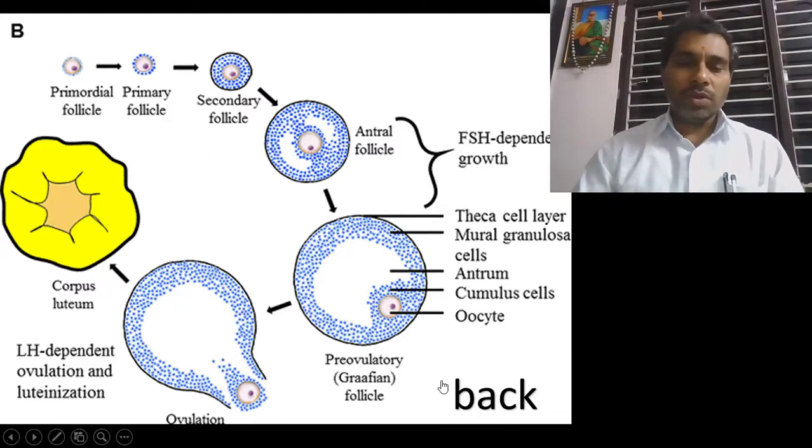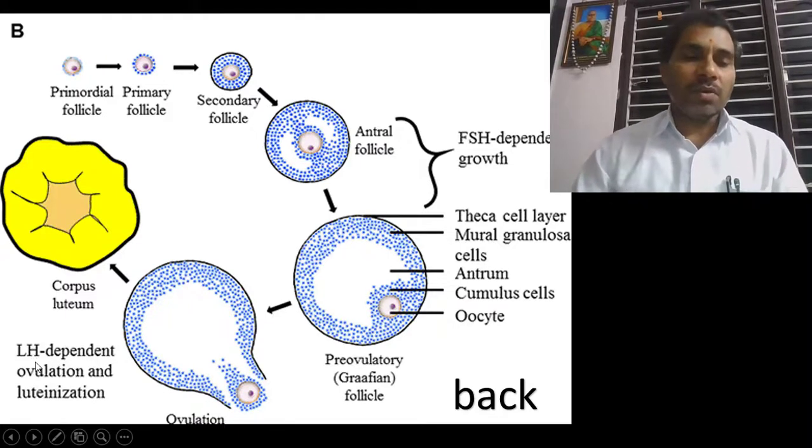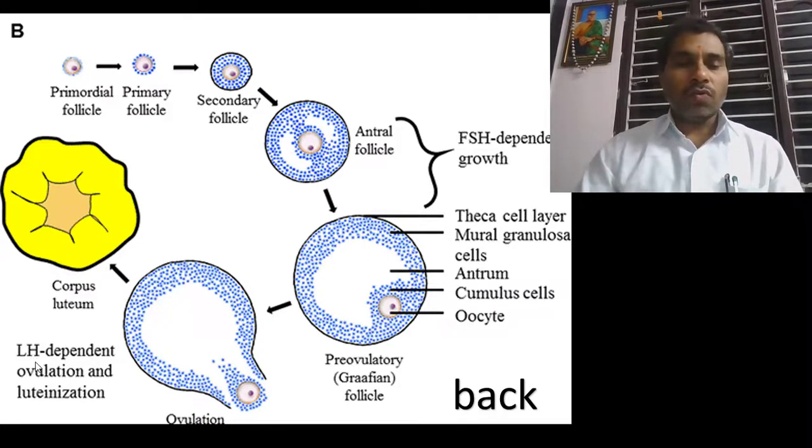When coming to the luteinizing hormone in female, after maturation the Graafian follicle is ruptured and releases the egg which is present inside it. This process is called ovulation, and ovulation is controlled by LH, the luteinizing hormone. That is the effect of luteinizing hormone in female.